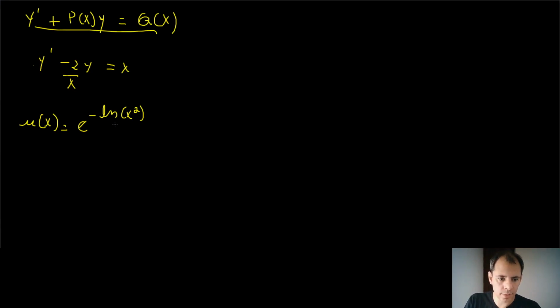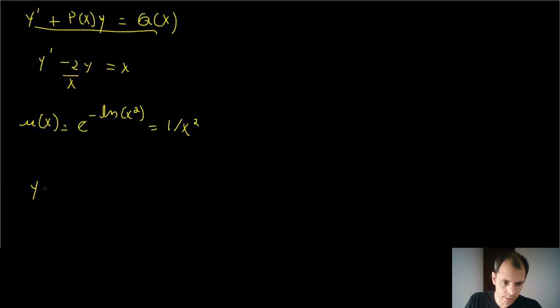So you can say that this is actually 1 divided by e to the ln of x squared. Now, you got an e here and you got an e here, so the whole thing equals 1 divided by x squared. So that's what I'm going to do. I'm going to say that this equals 1 divided by x squared.